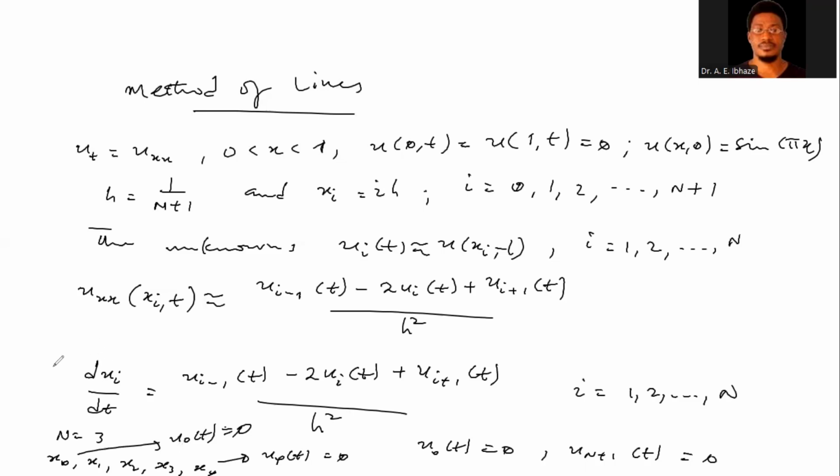So we can now estimate this for i being the same as 1, 2, 3. So the u1 dt will now be u naught, 1 minus 1, minus 2u1 plus u2 over h squared. So let us do that.